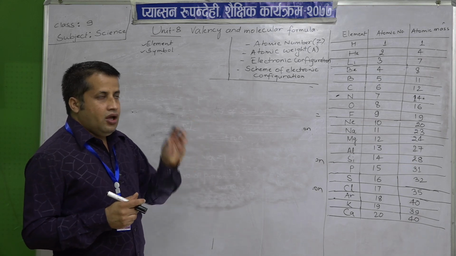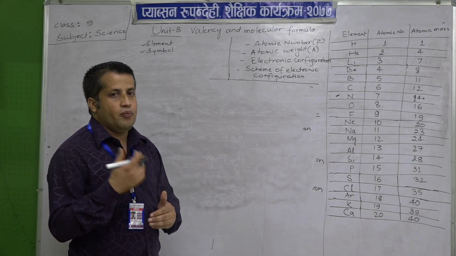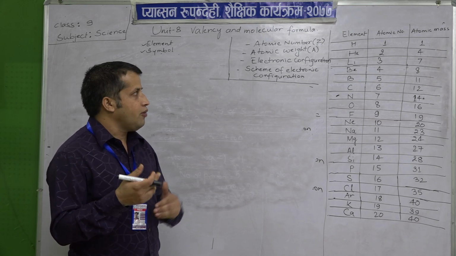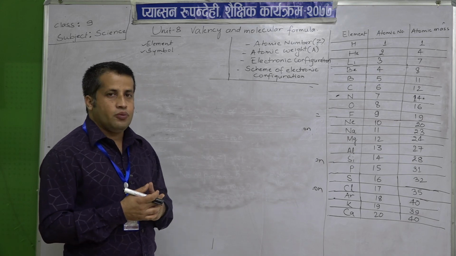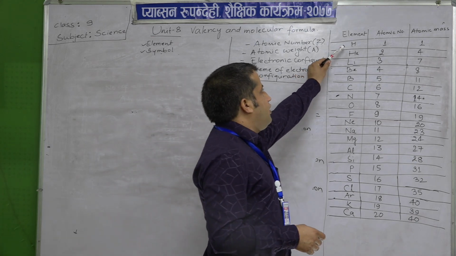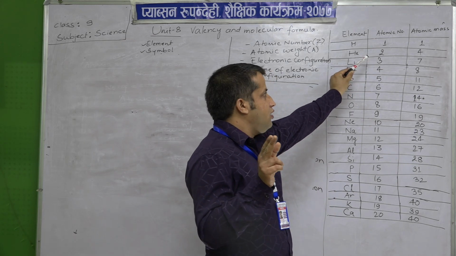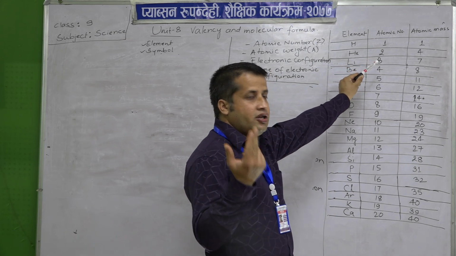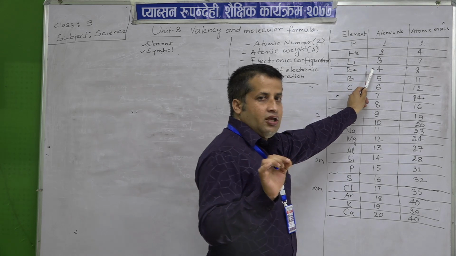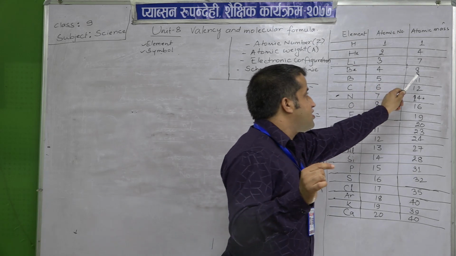Whereas if the atomic number is even, then we just double the atomic number, and it will give us the atomic mass. Okay. For example, if you look here, except hydrogen, helium, its atomic number is how much? 2. So, it is an even number. So, its mass will be double, that is 4. Lithium atomic number is 3, which is an odd number, its double is 6. If you add 1 there, it is 7. Okay.